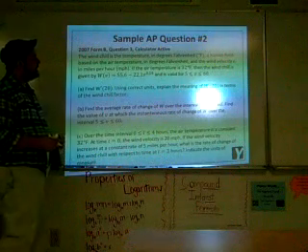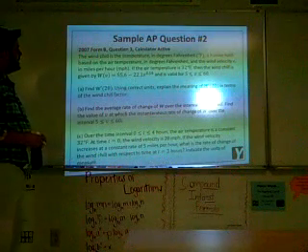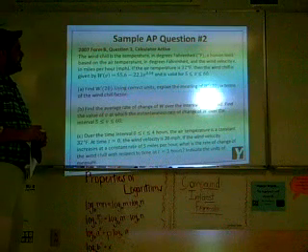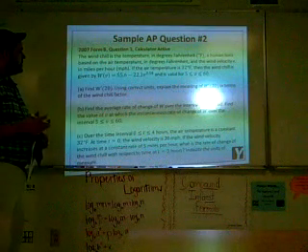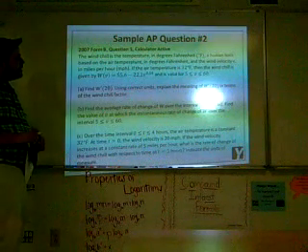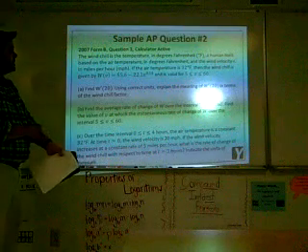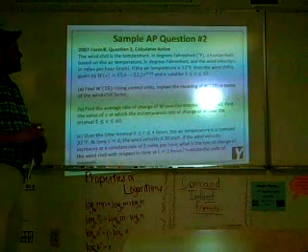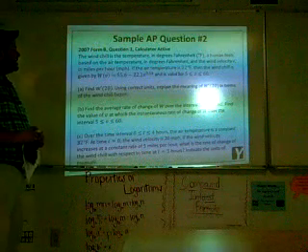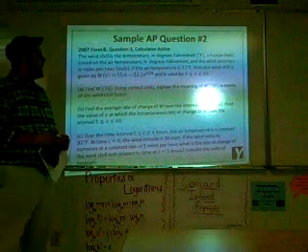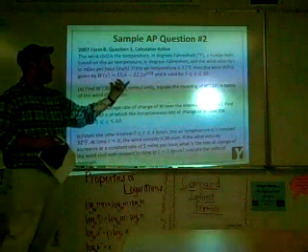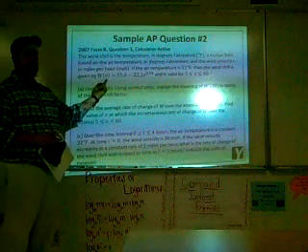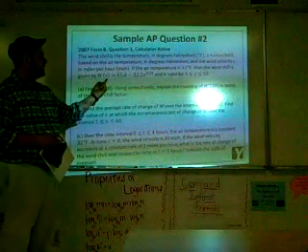The wind chill is the temperature measured in degrees Fahrenheit that a human feels based on the air temperature, as well as the wind velocity. Wind velocity is measured in miles per hour, and the temperature is measured in degrees Fahrenheit. We're told that if the air temperature is 32 degrees Fahrenheit, then the wind chill factor can be determined by this function, W of V. So the wind chill is a function of the velocity of the wind outside.